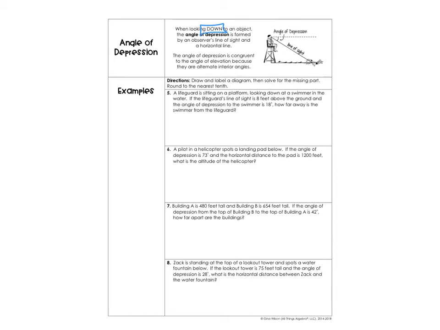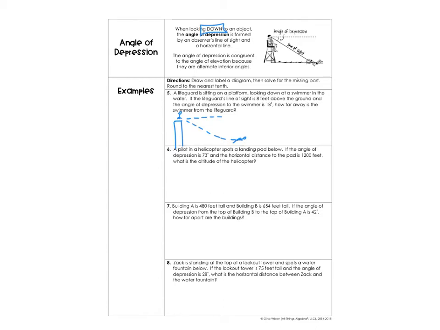A lifeguard is sitting on a platform looking down at a swimmer in the water. Okay, so this would technically be our place. So here's our lifeguard sitting on a platform looking down at a swimmer in the water. There's our swimmer.